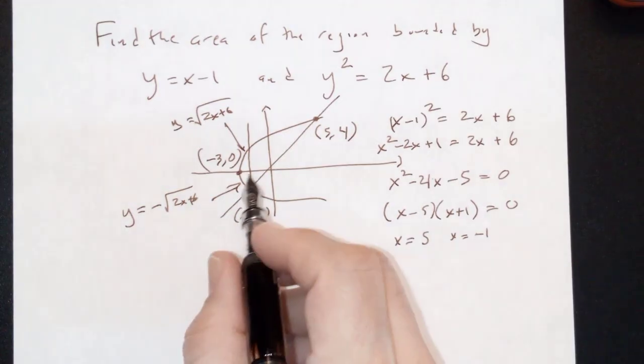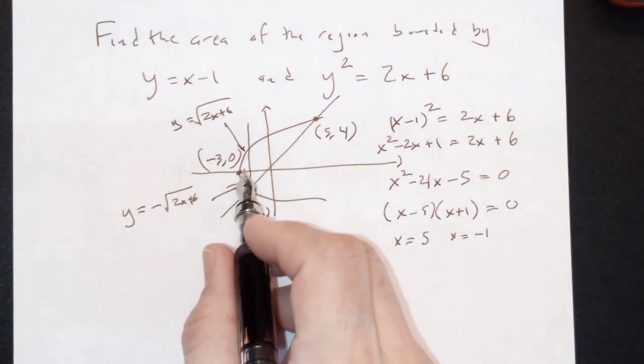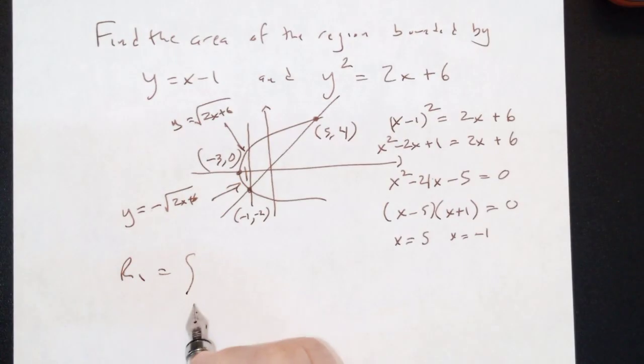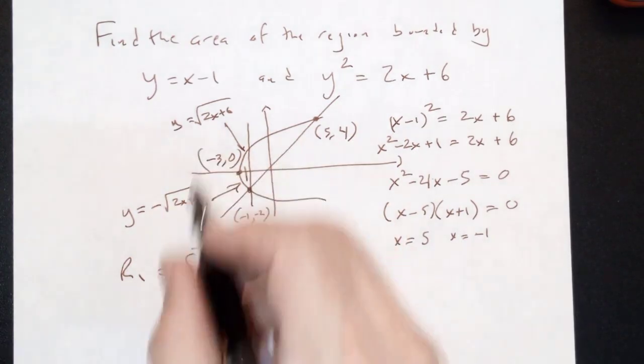Which means just for this part, region 1, I need to do the integral from -3 to -1 of top minus bottom.